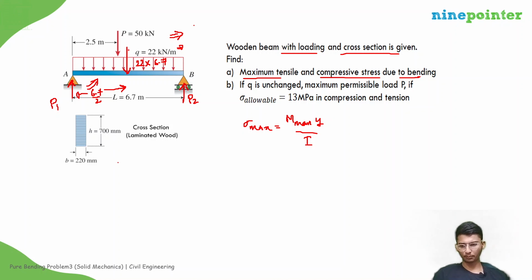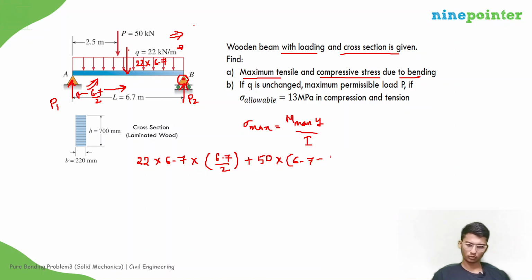So we can calculate P1 by applying moment equilibrium at P. So we get 22 into 6.7 into 6.7 divided by 2 plus 50 into 6.7 minus 2.5. That will be equal to P1 into 6.7, right?